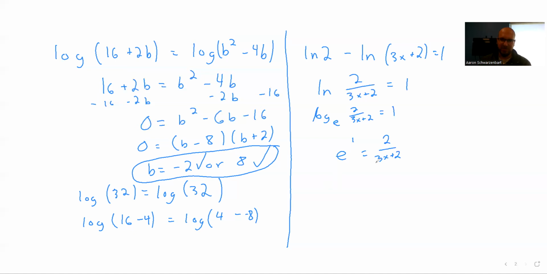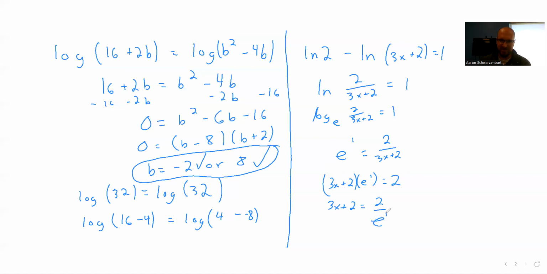So I'm going to multiply both sides by my denominator. I don't feel like distributing, I'm just going to divide.